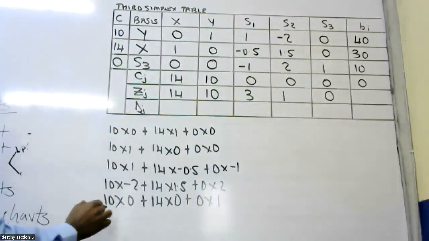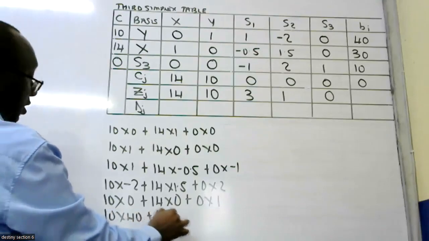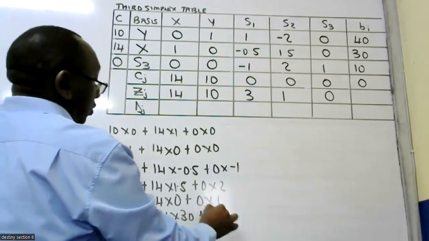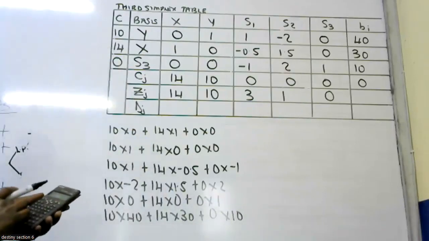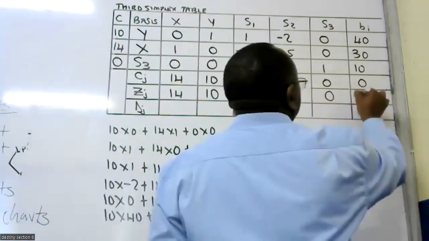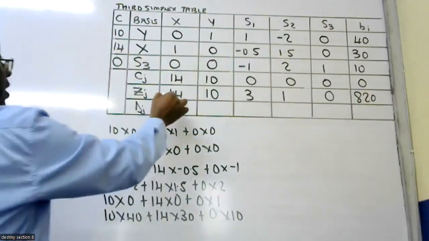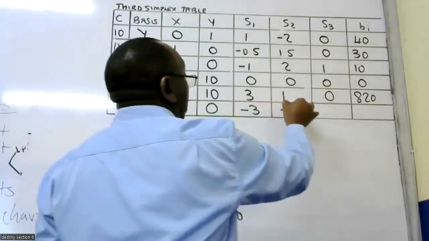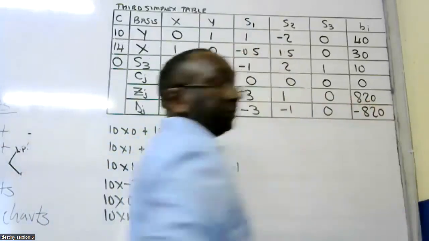And then the last one is 10 times 40 plus 14 times 30 plus 0 times 10. So 10 times 40 plus 14 times 30 is 820. Then this becomes 0, 0, minus 3, minus 1, 0, minus 820.